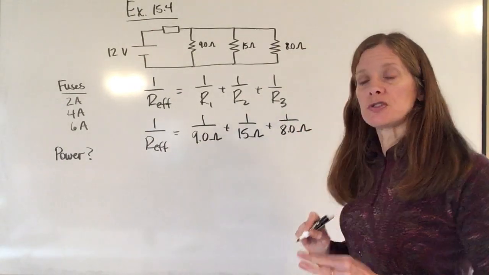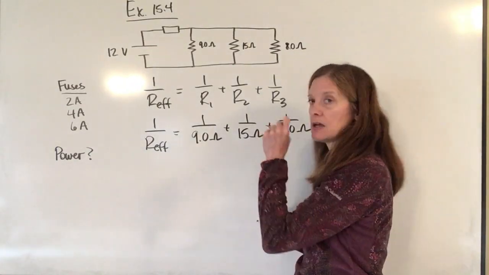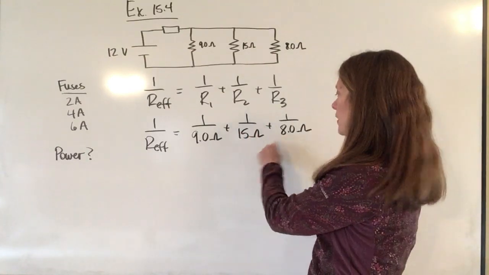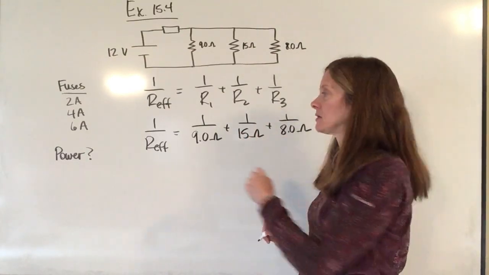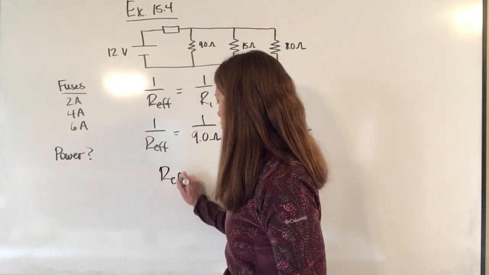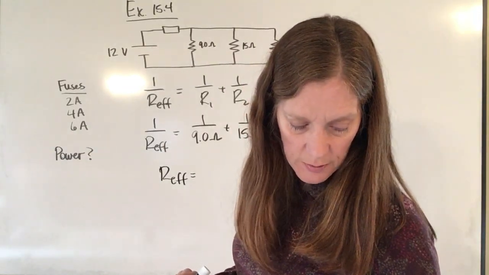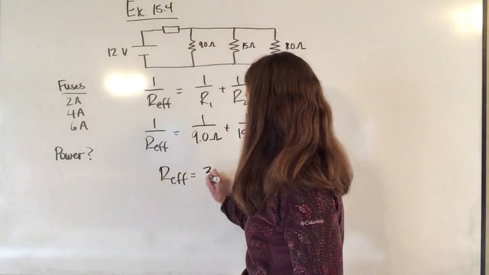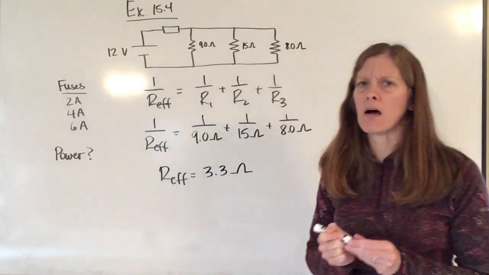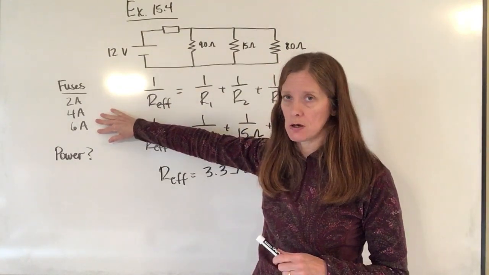Then when you use that cute little trick that I taught you in the last video, you just plug in the 9, hit the reciprocal button, plus 15, hit the reciprocal button, plus 8, hit the reciprocal button, equals, hit the reciprocal button one more time, and you should end up with an effective resistance of 3.3 ohms.